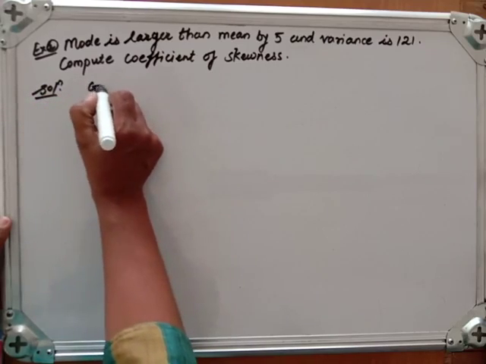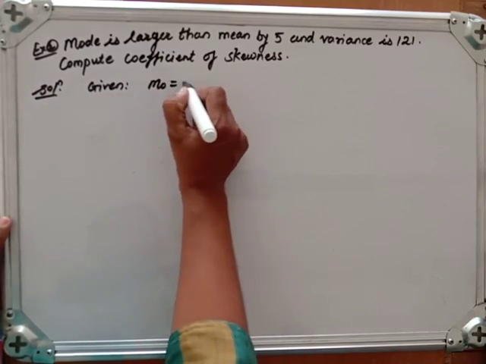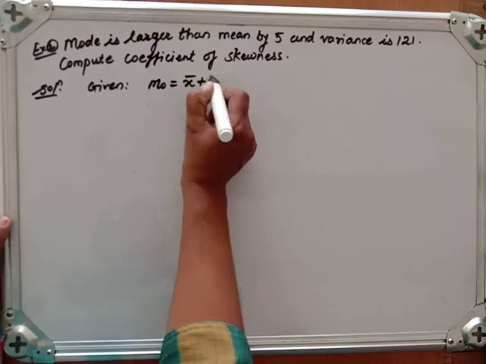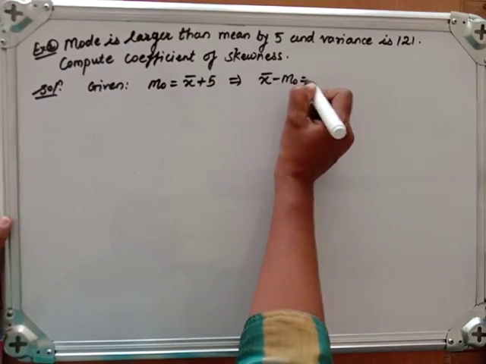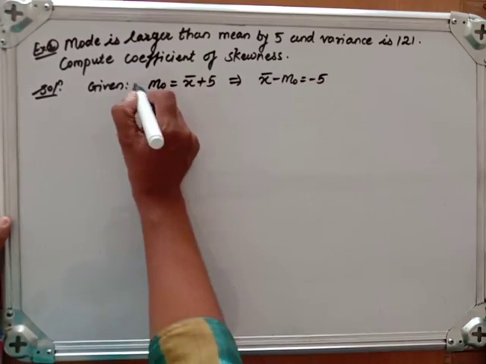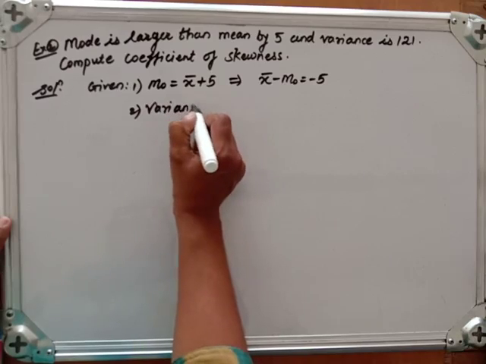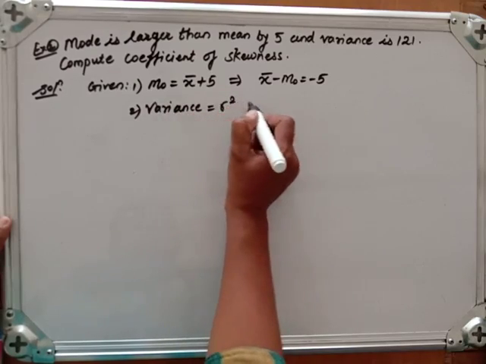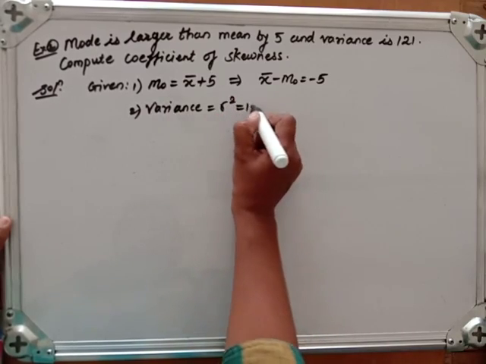Solution. What is given to us? Mode is equal to mean plus 5. So this gives mean minus mode is equal to minus 5. Second thing, variance. Variance means sigma square, that is equal to 121.